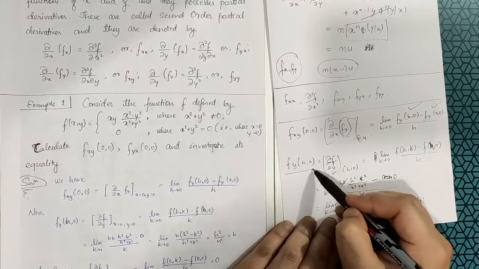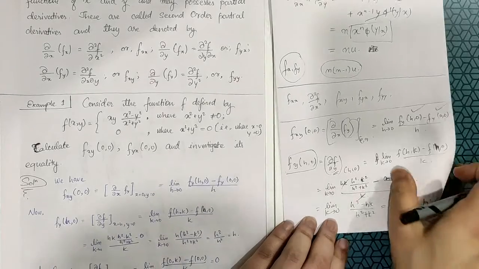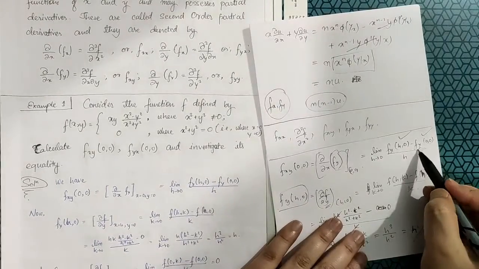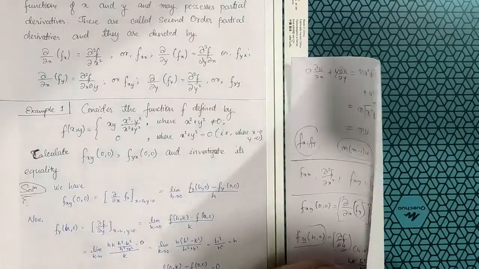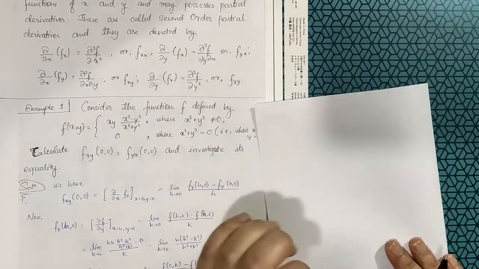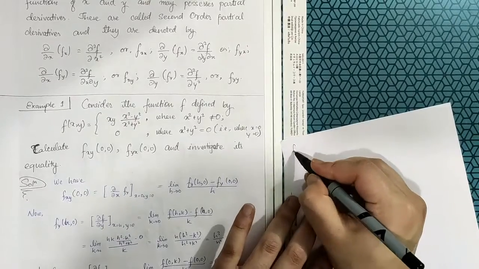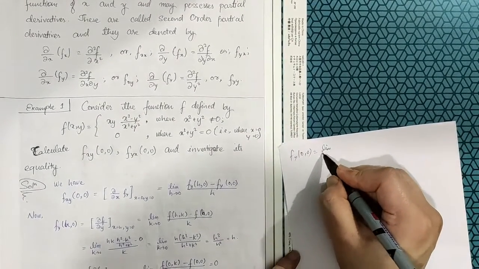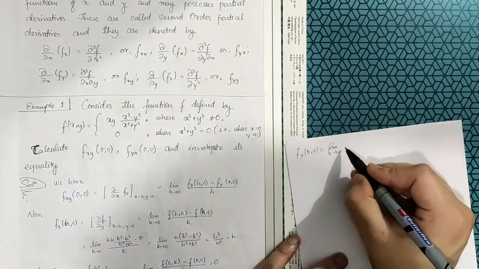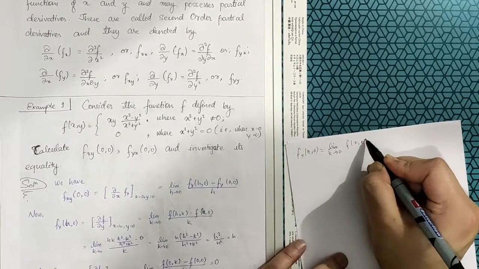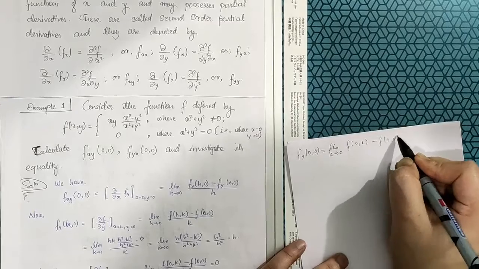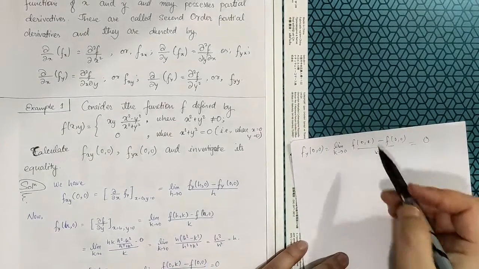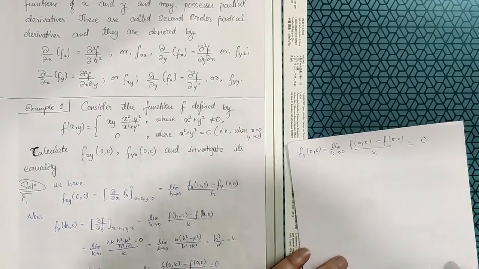So f_y at (h,0) is h. We keep this in mind. What we now need is f_y at (0,0). We are very much familiar with this. This is the limit as k tends to 0 of [f(0,k) − f(0,0)] divided by k, and this will eventually be 0 because this is 0 and this is also 0.